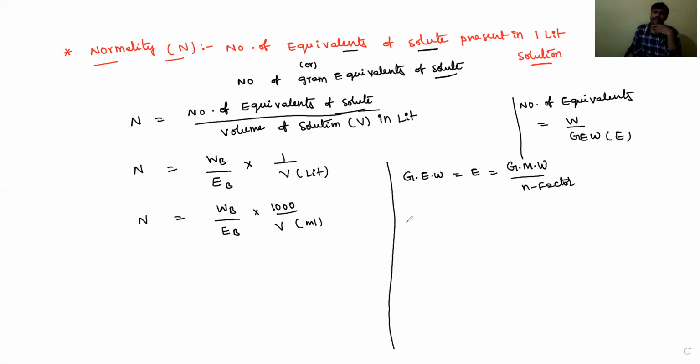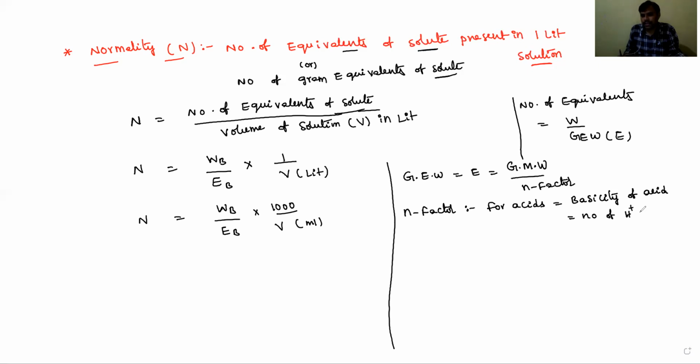For example, what is the N factor? Okay, students, listen carefully. For acids, the N factor is equal to the number of H plus ions, which is nothing but the basicity. Basicity of an acid is the number of H plus ions in aqueous solution.